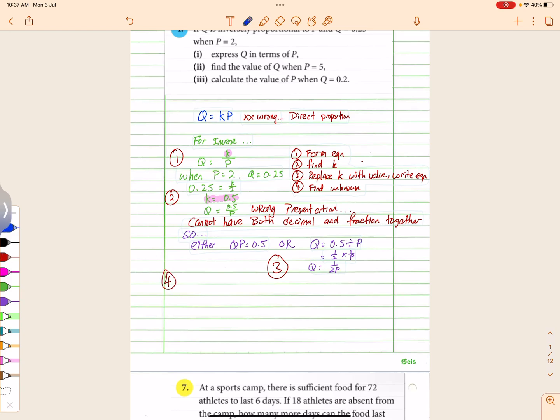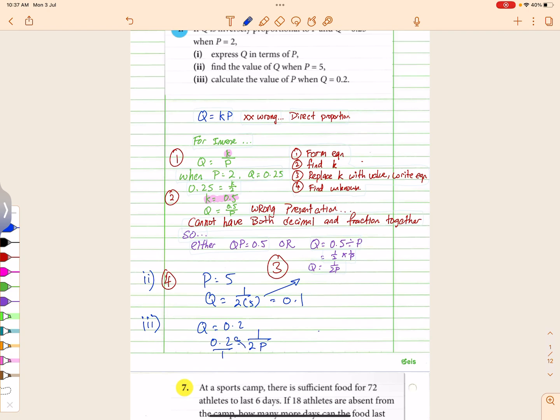Now for step 4, which is the question given, right? So when P is 5, then I will just need to put it into here, right? So 1 over 2, and then I have a 5, and this is 0.1. Part 3, simple, right? Q equals 0.2, so I'll put 0.2 equals 1 over 2P, multiplying it over, right?